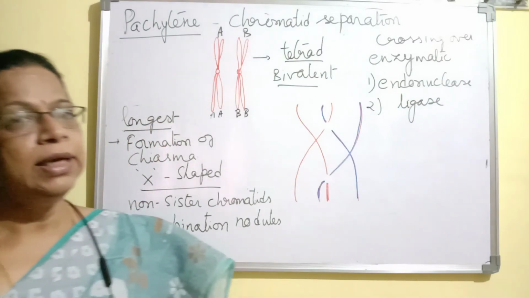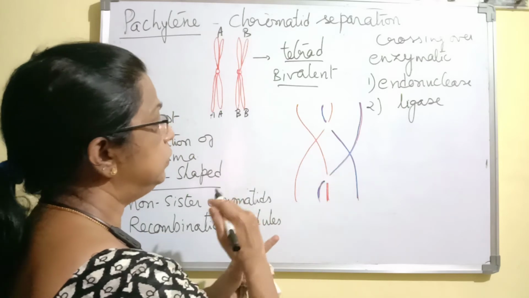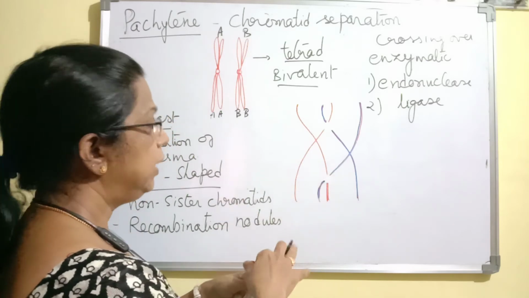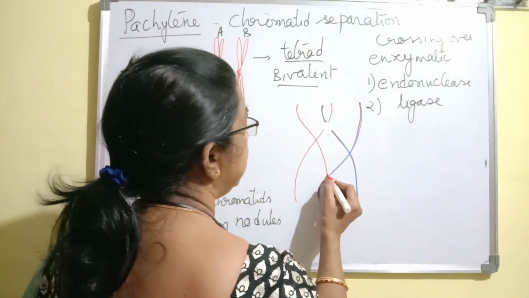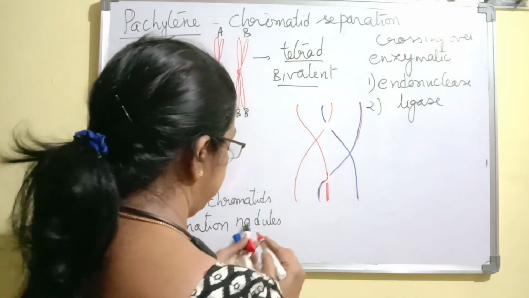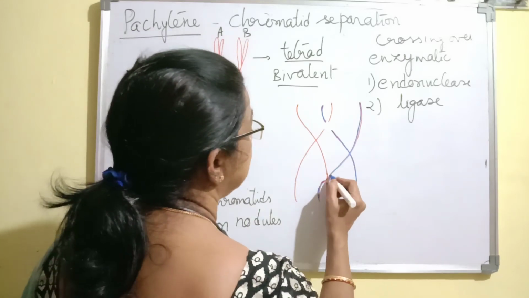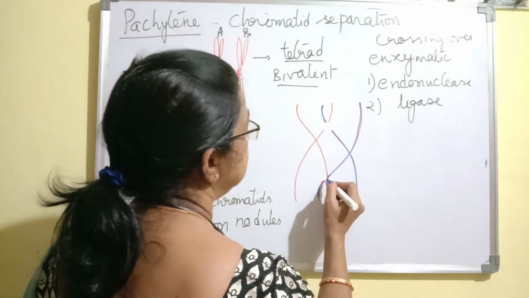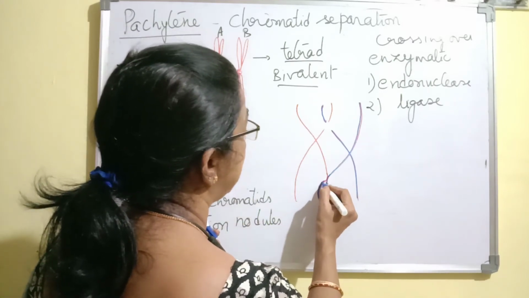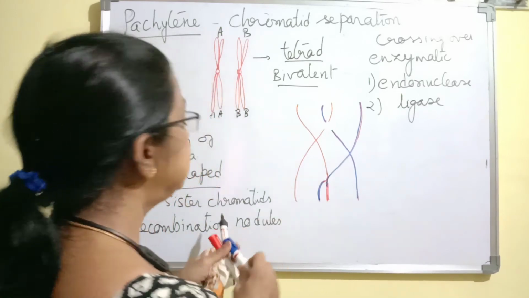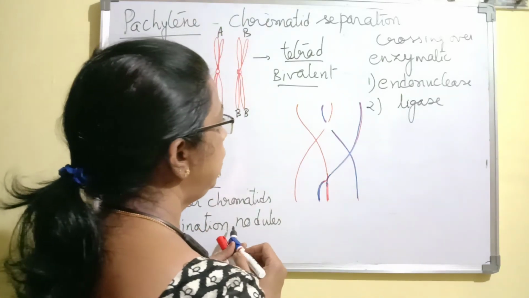The joining enzyme is ligase. Here, instead of joining with their own segments, they exchange their segments. That means one chromosome, say chromosome A, will exchange and join with this, and similarly chromosome B will exchange and join with this. So it gets a part of chromatid from this, and similarly the other chromosome also gets a part of chromatid.